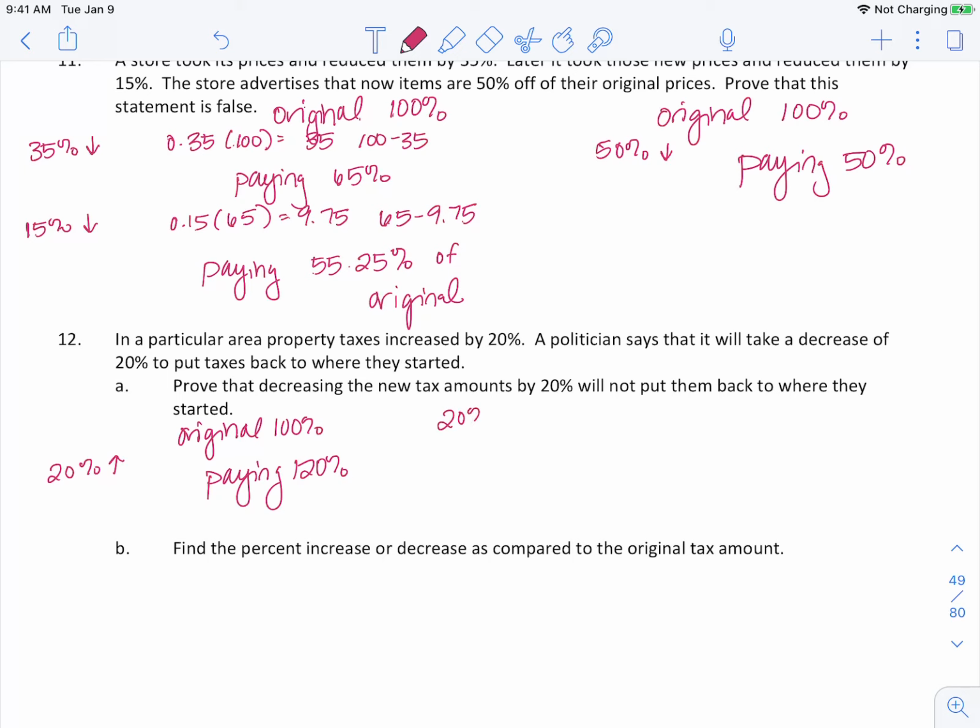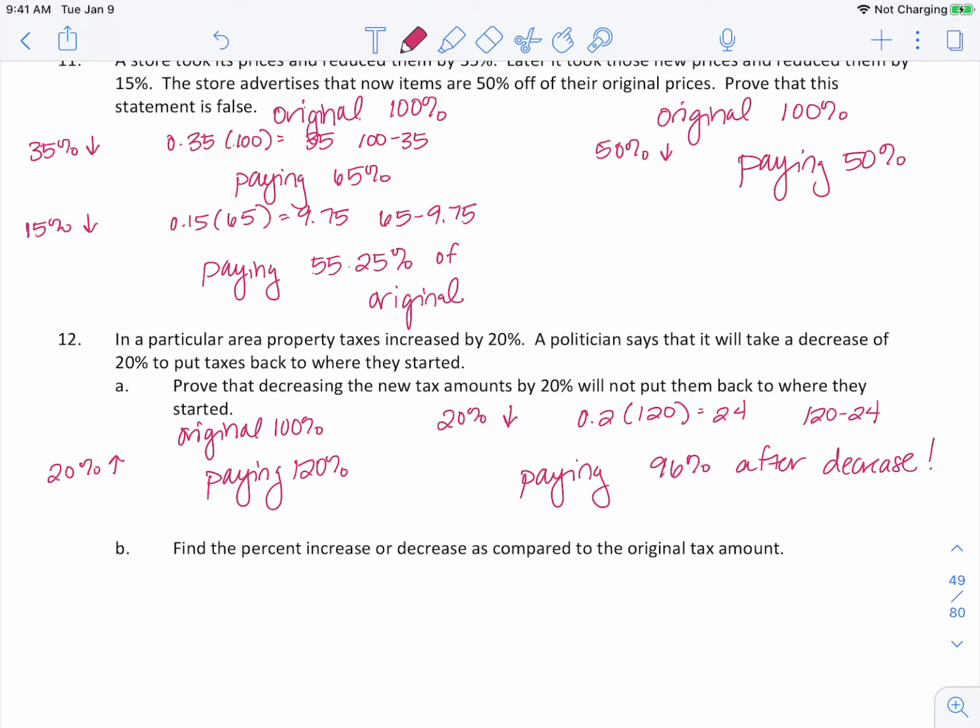So if we're going to do a 20% decrease, that's 0.2 times 120 is 24. 120 minus 24 means that we're paying 96% after the decrease. Okay, so we're paying 96% of the original amount.